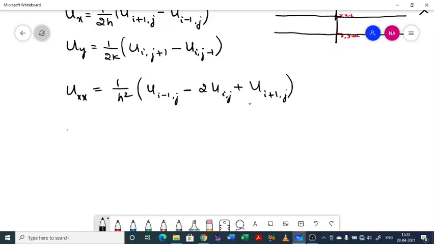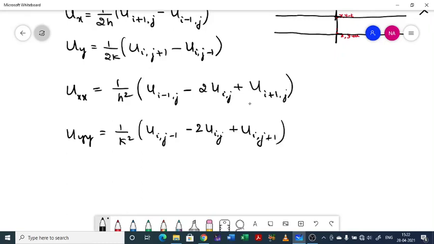Similarly, you may approximate u double y as 1 by k square into u i comma j minus 1 minus 2 u i comma j plus u i comma j plus 1. So these are the approximations of higher partial derivatives.